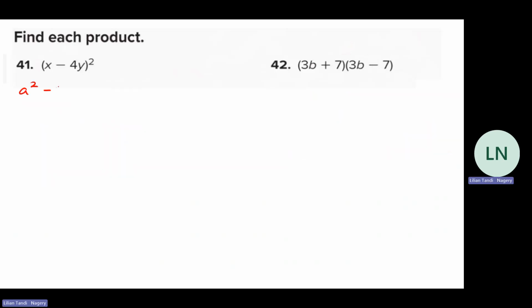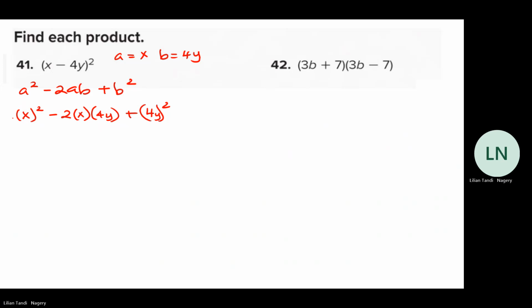A squared minus 2ab plus b squared. A is x, b is 4y. X squared minus 2 multiply x multiply 4y plus 4y squared. That gives us x squared minus 8xy plus 16y squared.